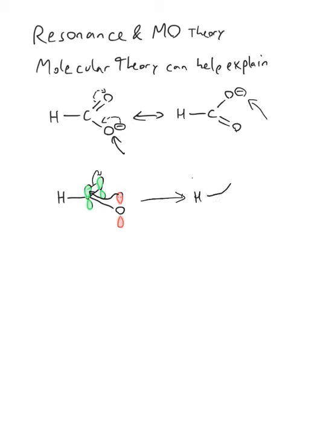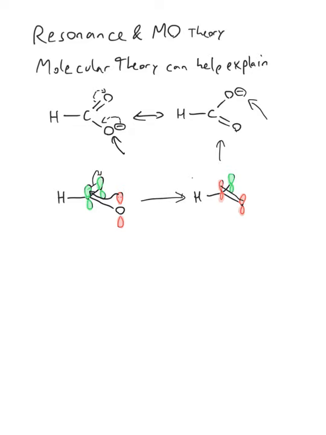So we end up with the previous color scheme. Now we have one green guy and two red guys forming the double bond that we see up here.